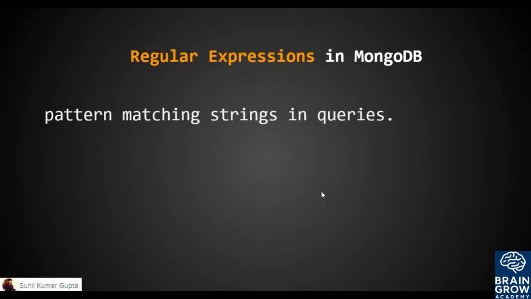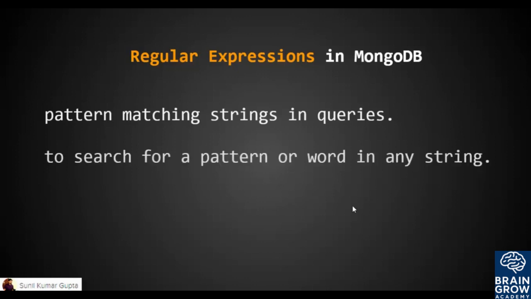We can also search for a pattern or word in a string, like first name, last name, or a name starting with a particular word or ending with some word. That kind of search capability MongoDB provides with regular expressions.